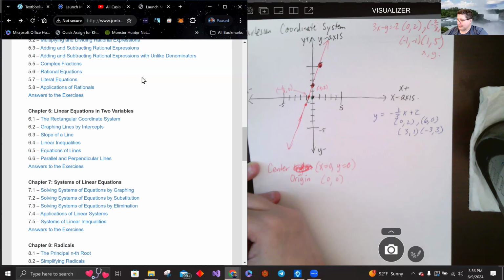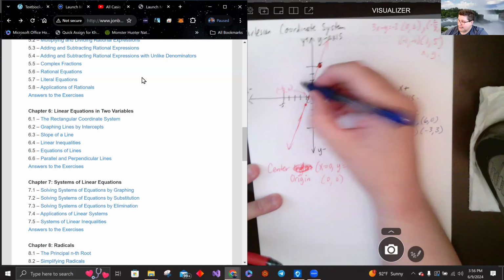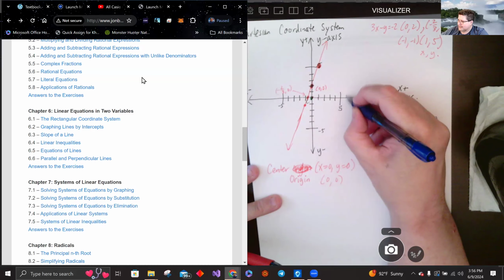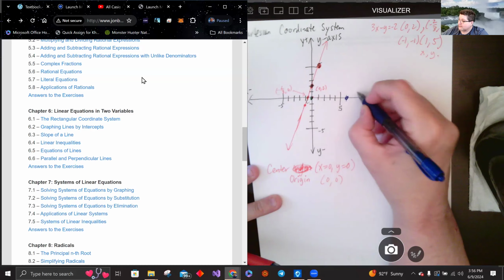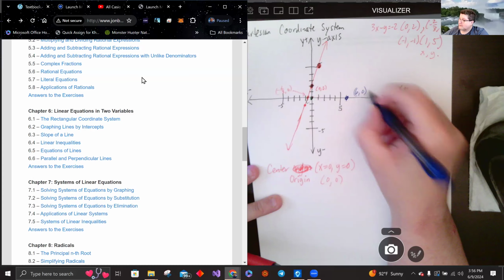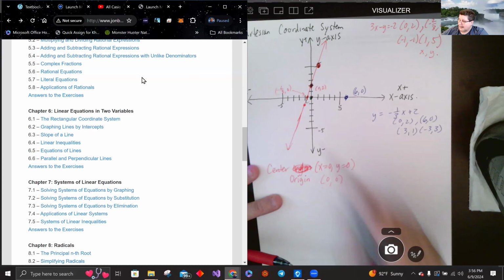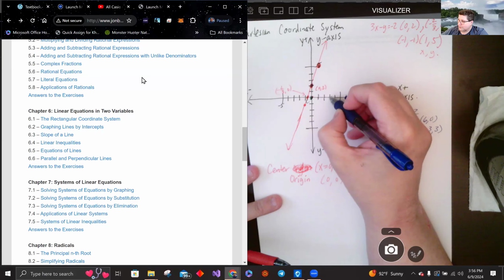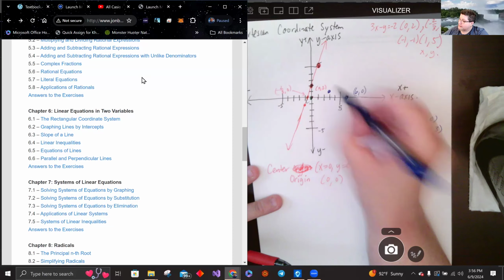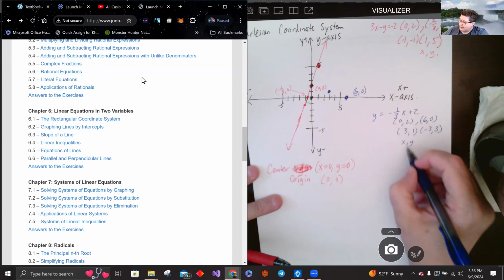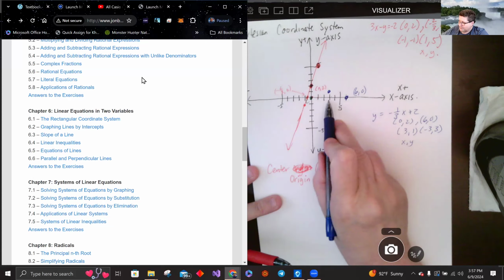If I do the other set, (0, 2) is right here. (6, 0) is over here. I had (3, 1), which is right 3 and up 1. So x comma y, x is positive this way. So 3 in the positive direction, 1 up.